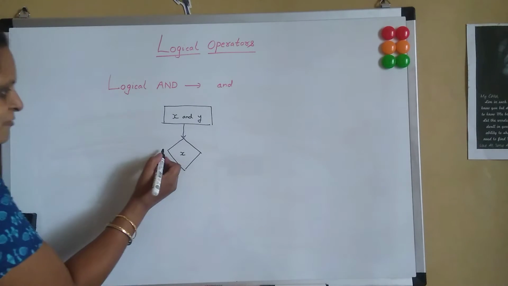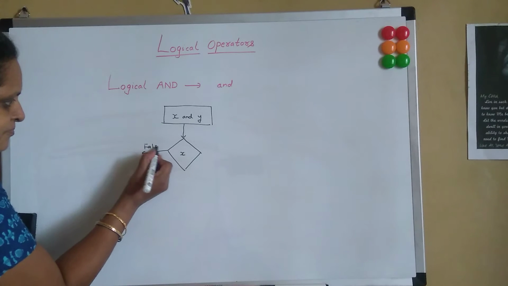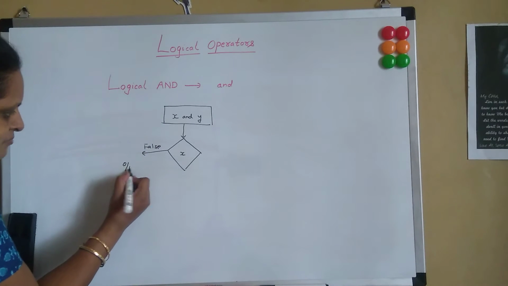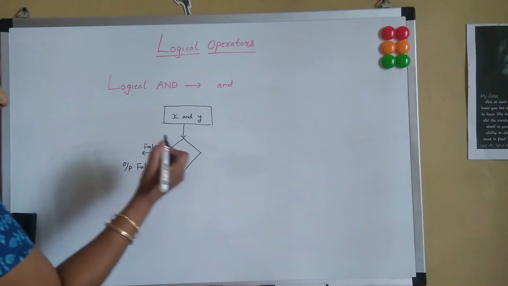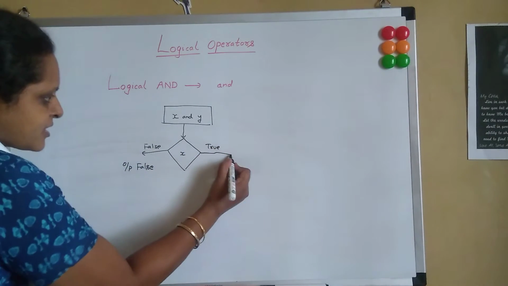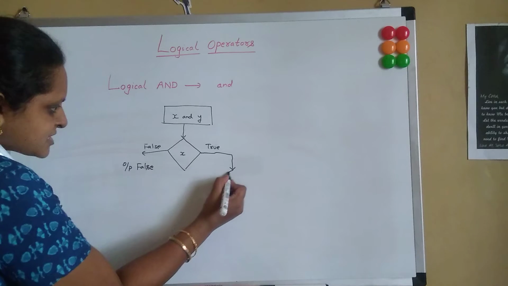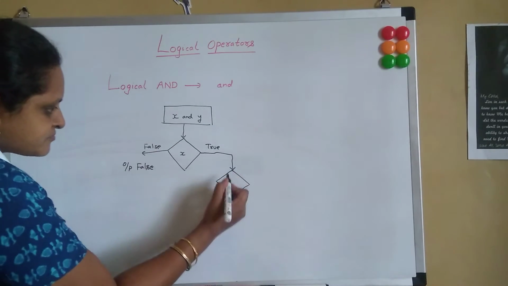If the expression returns false, then the output becomes false. If the test expression turns out to be true, then it checks the second test expression, that is Y.